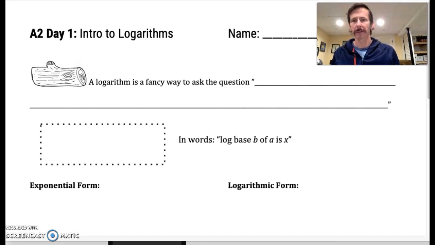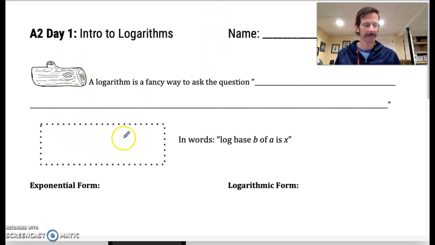A quick lesson on the introduction to logarithms, and this will kind of piggyback the short video you guys watched after the quiz last class. I'm going to start by writing down a logarithmic expression, and you sort of saw these in that video. I'm going to write the word log. That's short for logarithm.